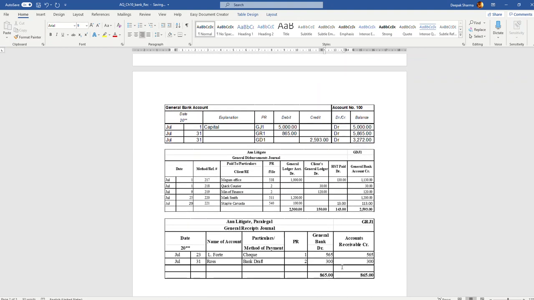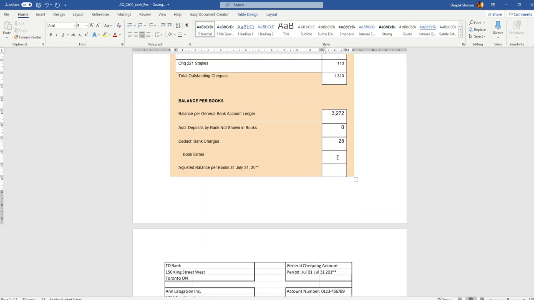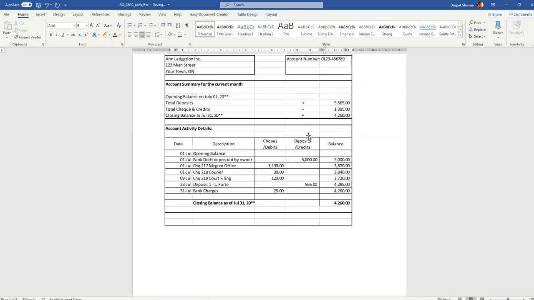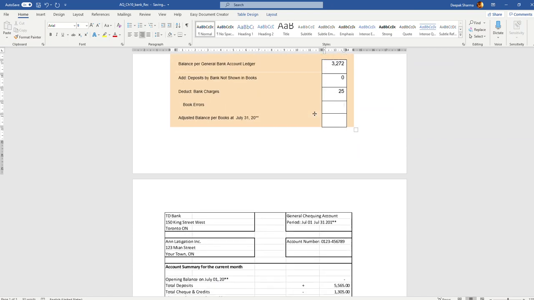For example, you issue a check for $153, but by mistake you recorded 113. When your book shows $113, if you see the difference and find out it was your mistake, then you rectify it here. In this example, there is no error, so we're going to put 0 here.